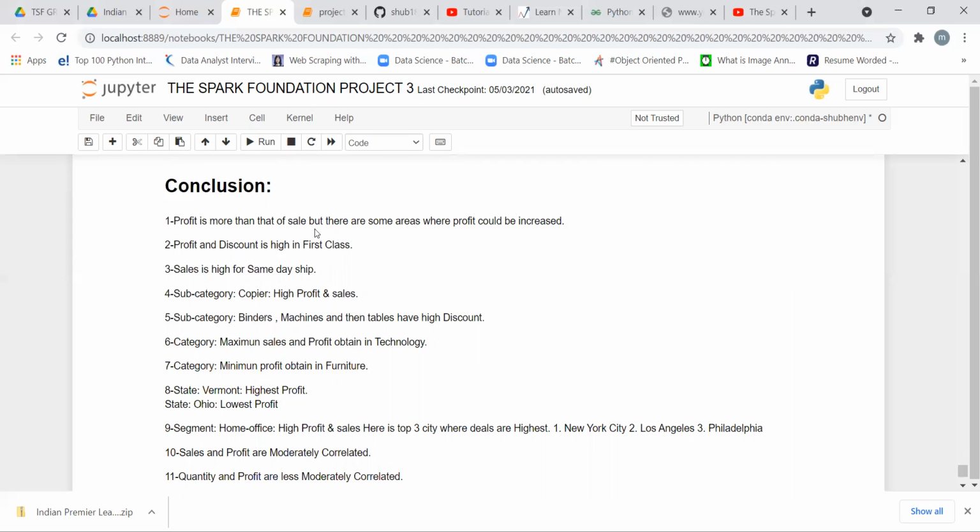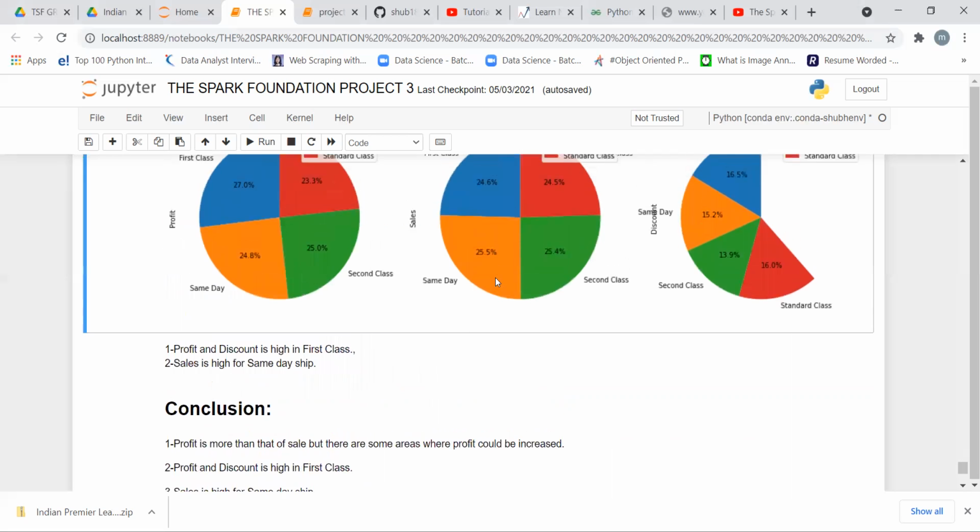Profit is more than sales, but there are some areas where profit could be increased. Profit and discount are high in first class.